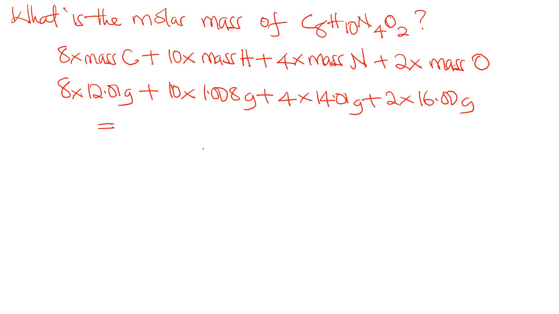So since this is mass of 1 mole, we are going to have 194.20 grams per mole. And you can see our answer is to 2 decimal points because we are adding, and our smallest decimal points are 2 decimal points. So that's how we determine the molar mass of a substance.